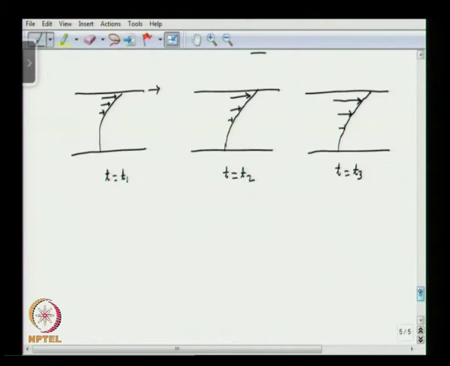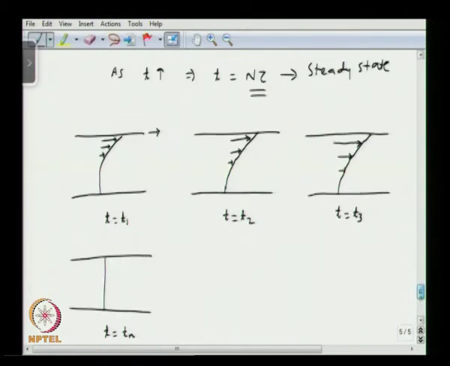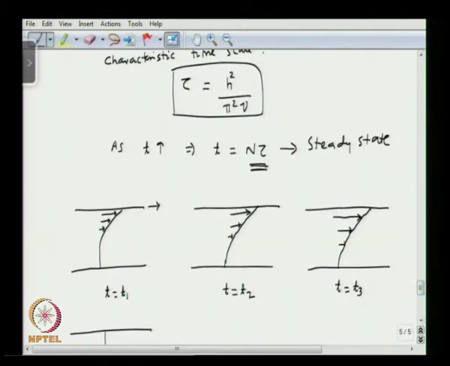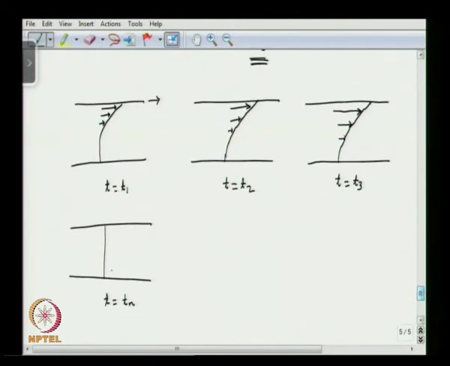And when we have t equal to Tn, okay, a large time step, which is depending on the characteristic constant, we would have a flat velocity profile.